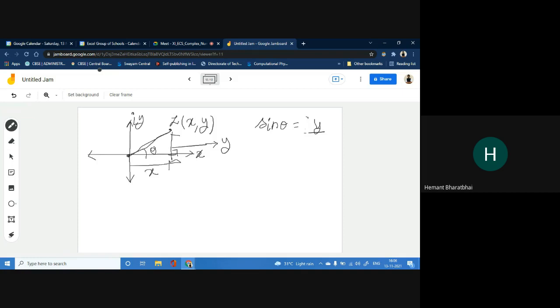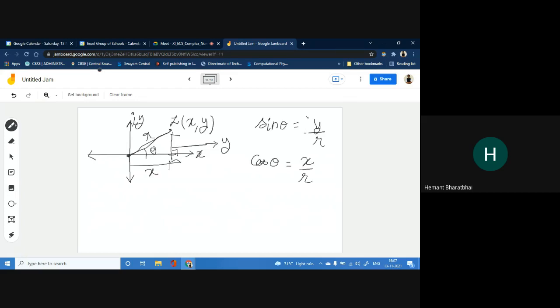Opposite upon hypotenuse, let me represent this as r. Similarly, I will get cos theta is equal to adjacent, that is x, upon hypotenuse, that is r.